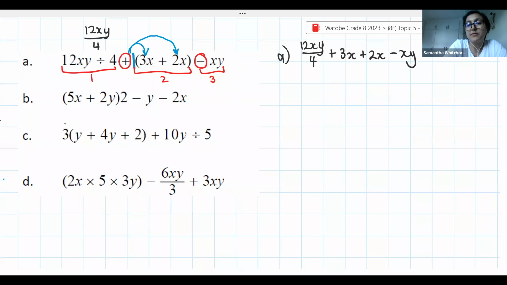So we want to simplify this first term. Positive divided by a positive is a positive. 12 divided by 4 is 3. So I'm left with 3xy. And then we've got our other terms. So we've got our plus 3x, our plus 2x, and our minus xy.